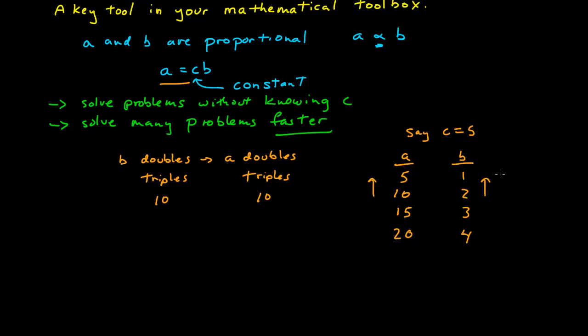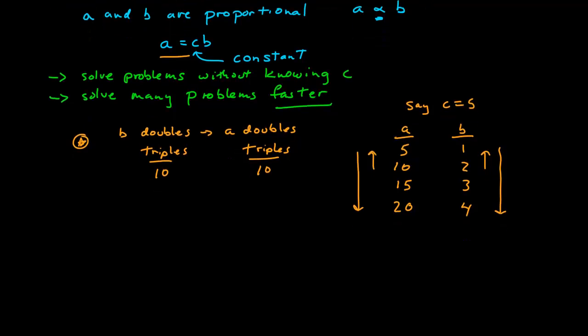If B is quadrupled from 1 to 4, then A is quadrupled from 5 to 20. And so, instead of using substitutions, we can just see how they both vary in proportion to each other. So that's one quick way to look at this.